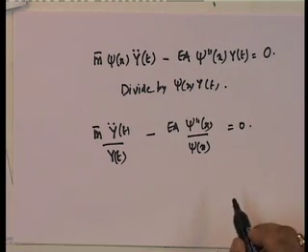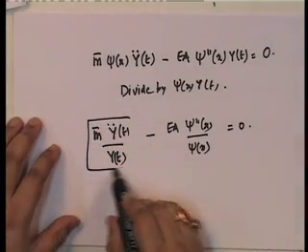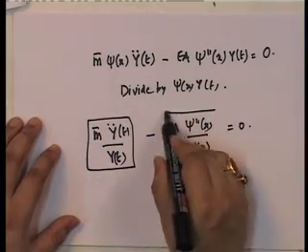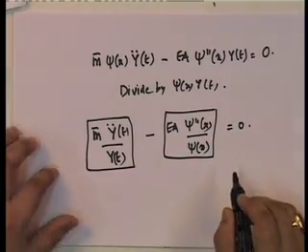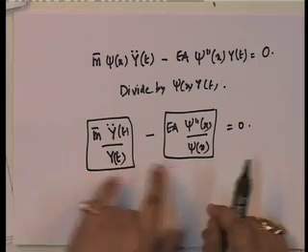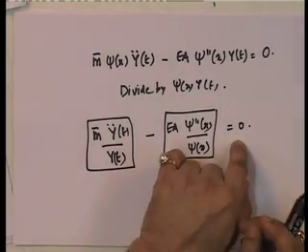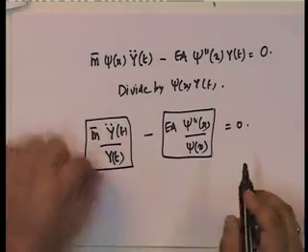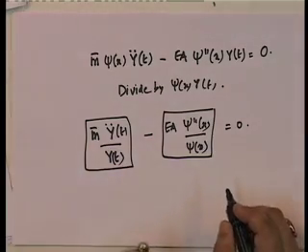Now, note something very interesting. This is only a function of t, this is only a function of x, and the only way that you can have a function of t minus a function of x equal to 0 is if both of them were equal to a constant.